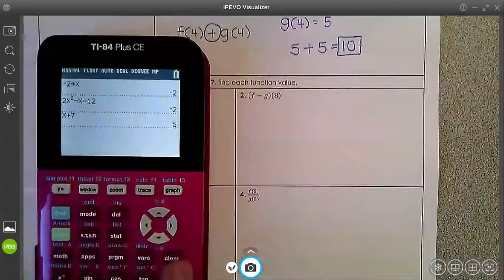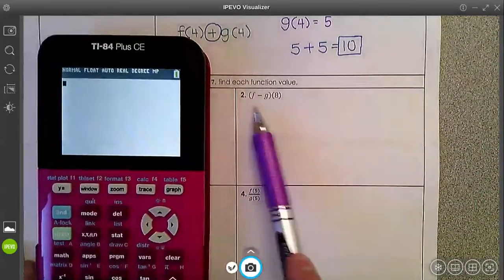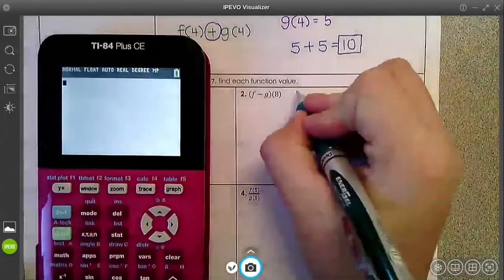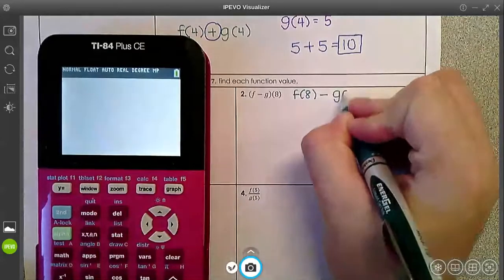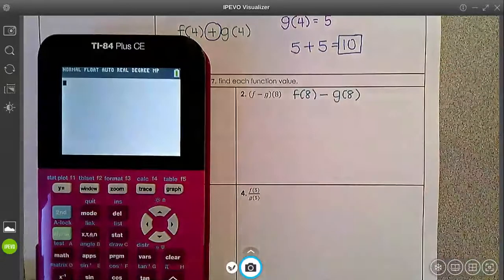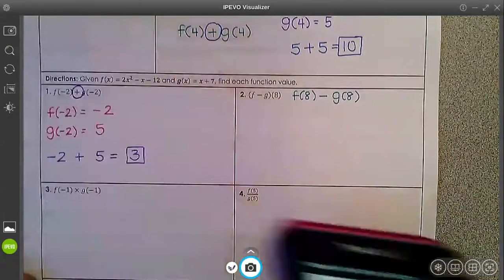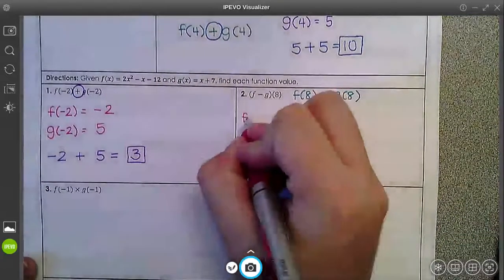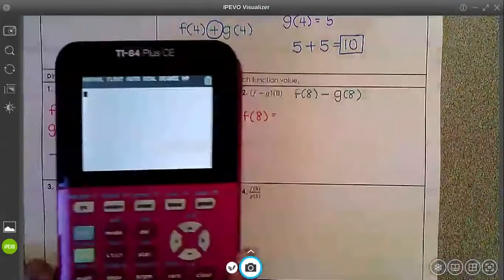All right. So let's go to number 2. Now, this is just that other way of writing it. This is the same thing as having f of 8 minus g of 8. Same thing. So f of 8, we're going to go to our calculator.